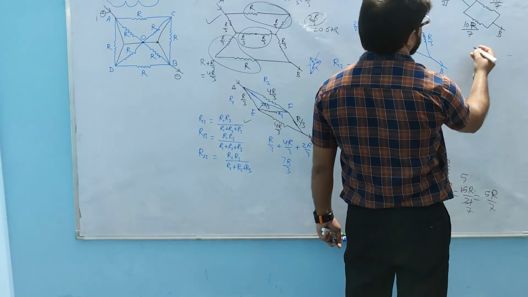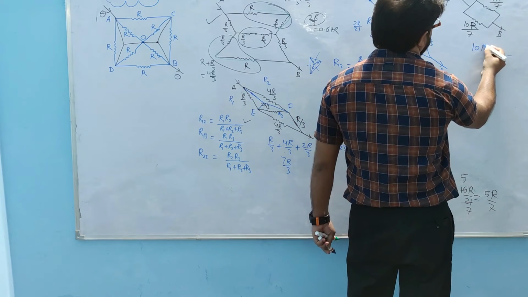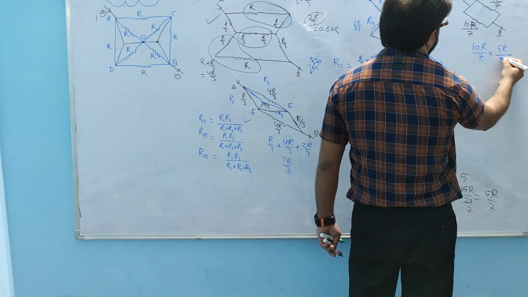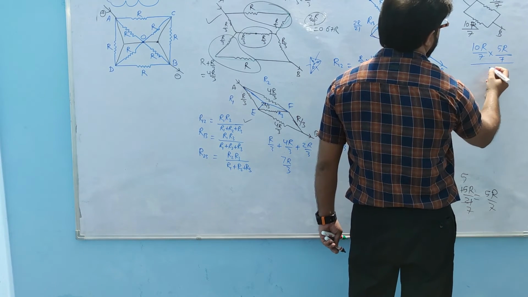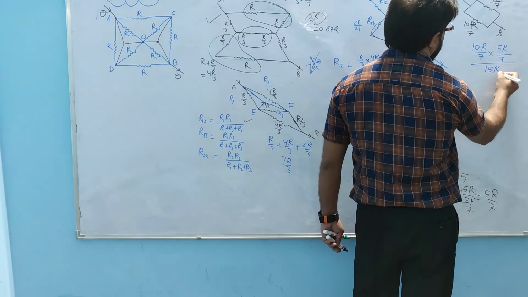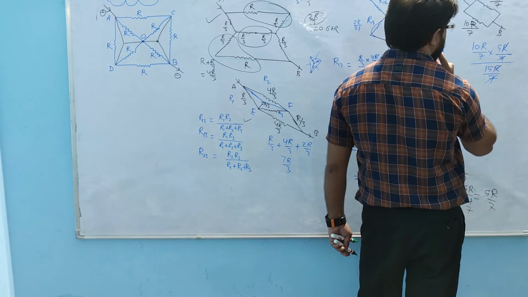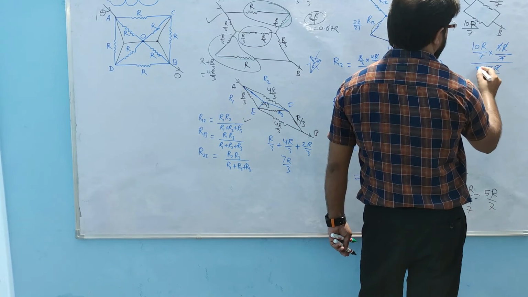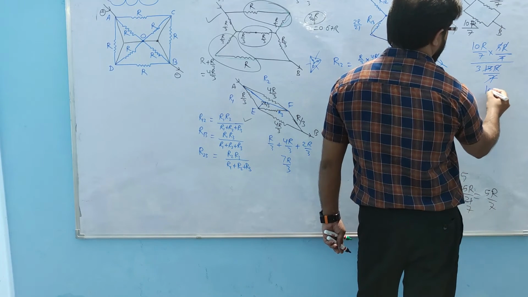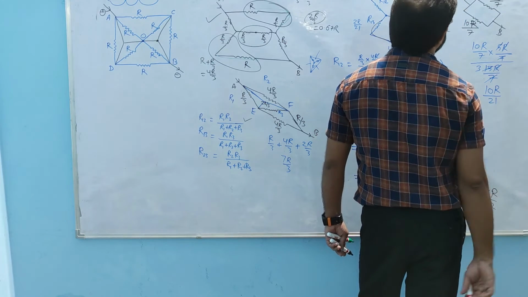Both are in parallel, so the resultant would be, just multiply them divided by add them. Denominator is same, 10 plus 5 is 15, 7 gets cancelled, R gets cancelled, 5 threes 15, this 7 will come down, this will become 10R by 21.